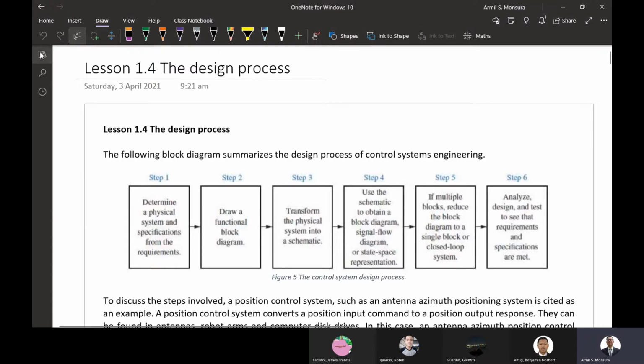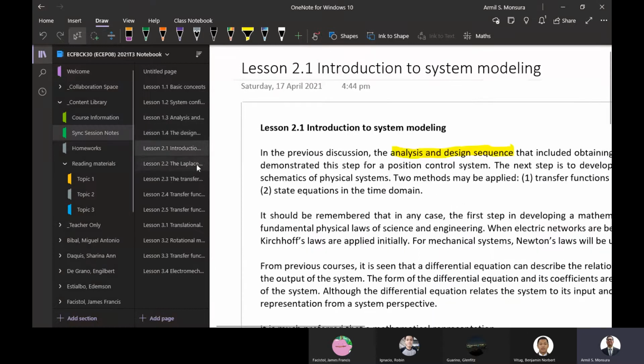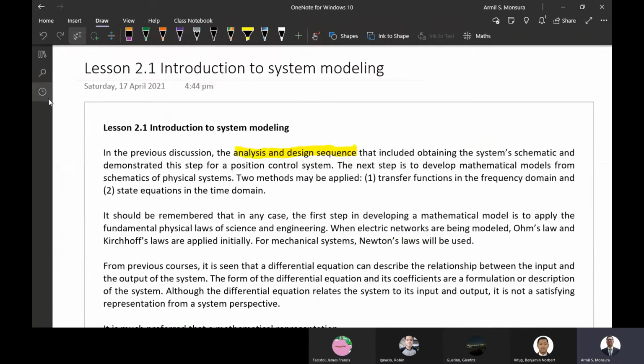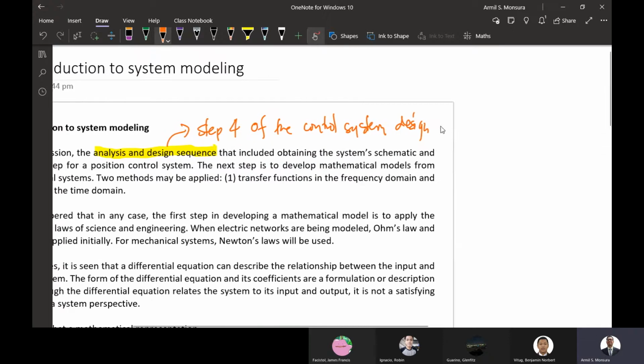Now essentially, nandito tayo dito sa lesson 2.1. This actually talks about step 4. Okay? So we're dealing with step 4 of the control system design process, which again you can refer to lesson 1.4.